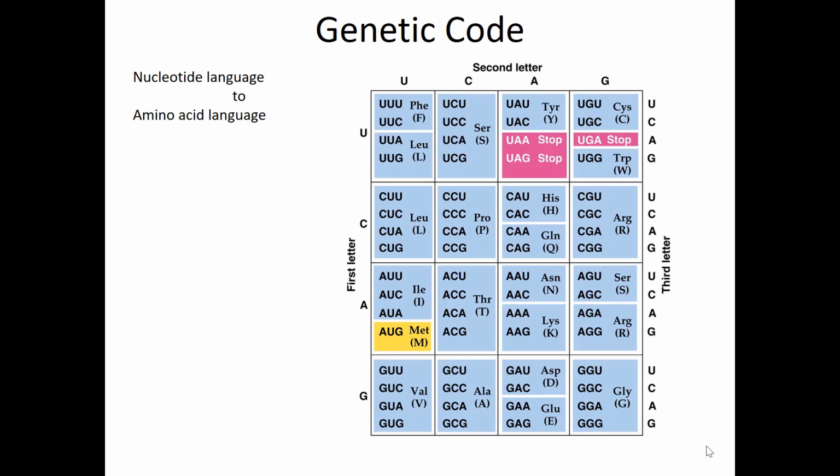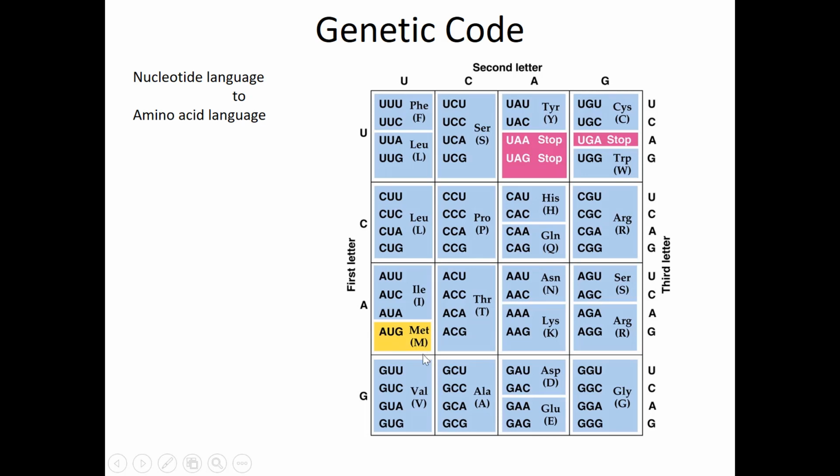A couple other things I want to point out: this AUG right here is also referred to as the start codon. During translation, the machinery will scan your now mature mRNA until it sees this sequence of three bases, AUG.